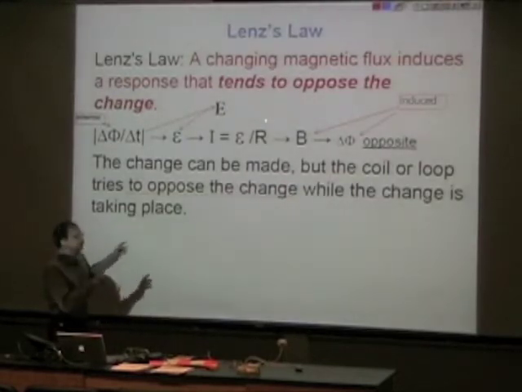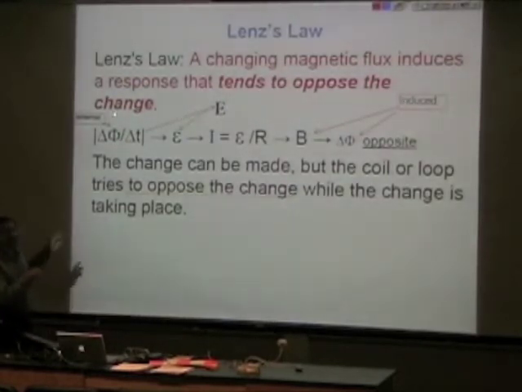And as a result of the change of the flux of the external field, we observe eventually a new magnetic field, induced magnetic field. That's magnetic field generated by the current, which is induced by the change happening to the external magnetic field. So this is a chain of connections.